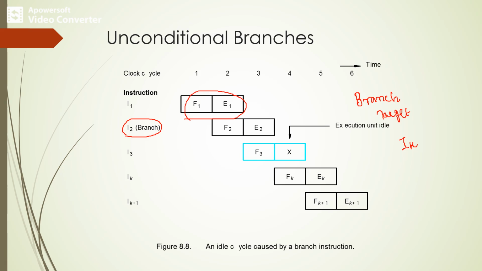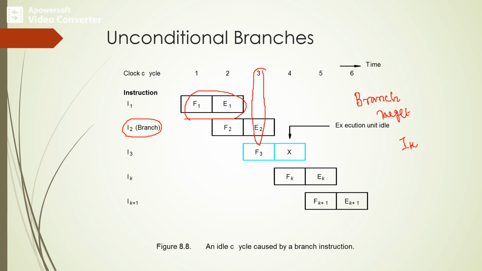During clock cycle 3, the fetch operation of I3 is in progress. So observe here, the fetch phase F3 is in progress. The fetch operation of I3 will be considered during clock cycle 3.